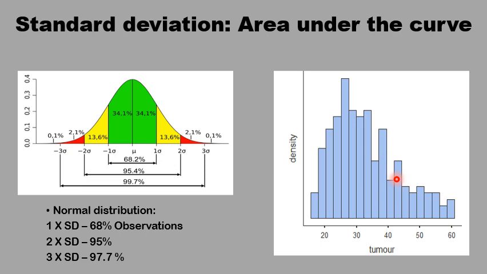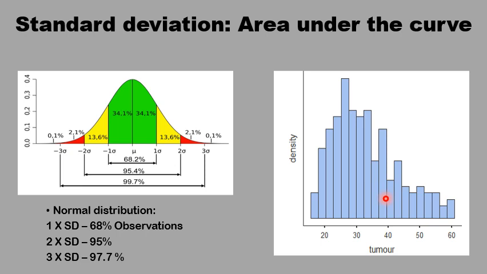For the example of the pleomorphic adenomas here, if the mean is about 33 millimeters and the standard deviation is 10 millimeters, then we'd expect that most of the tumor sizes would be between 23 millimeters and 43 millimeters. Here you would have about 70% of the tumor sizes.